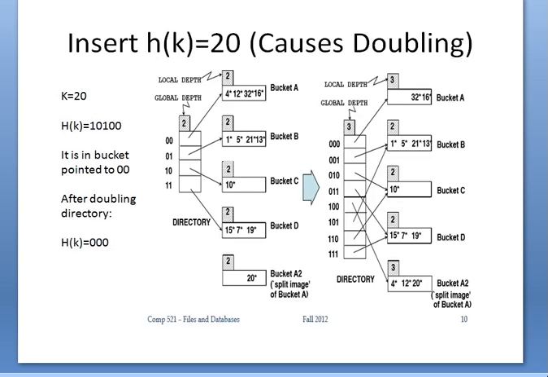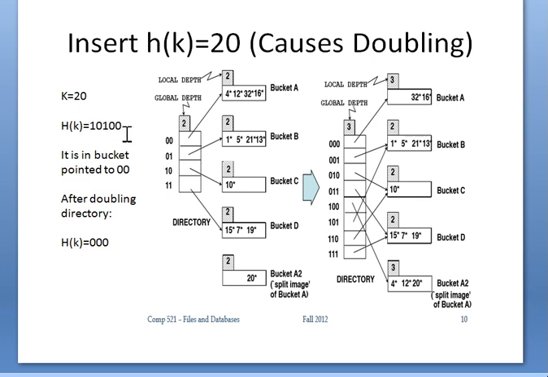Okay, for example, this is my bucket. Let's consider first this part only. Now I want to insert 20. What is the binary value of 20? 0 1 0 0.